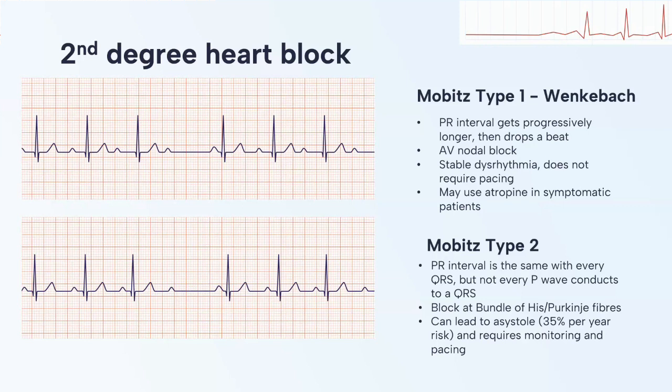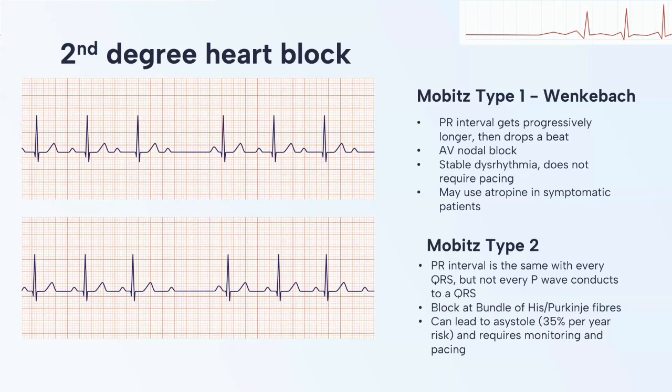As they get fatigued, the PR gets longer, and then eventually they become too fatigued to conduct a beat, and it drops a beat. Usually the suppression or fatigue of these AV nodal cells is caused by drugs like beta blockers, calcium channel blockers, amiodarone, digoxin, or by cardiac illnesses like myocarditis, MIs. Increased vagal tone can also cause it.